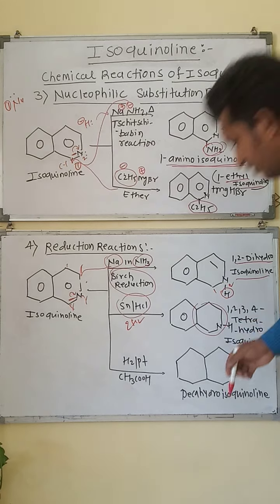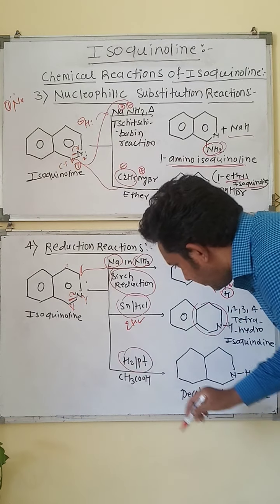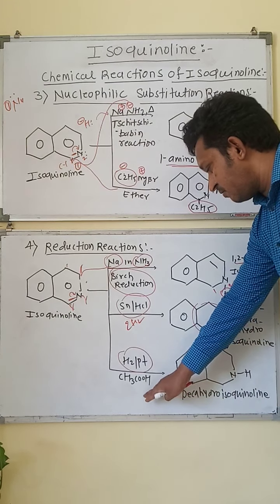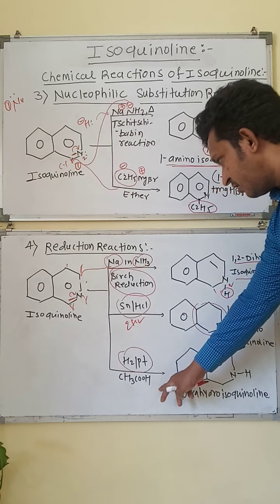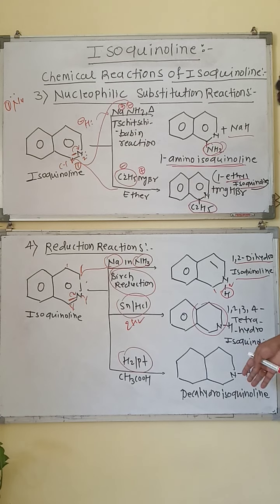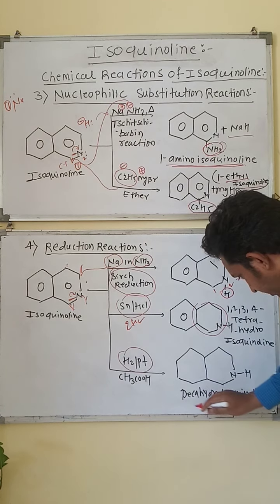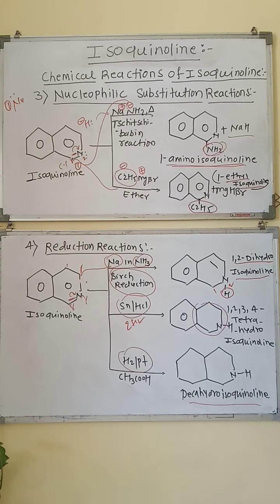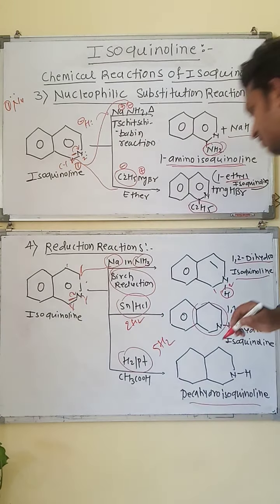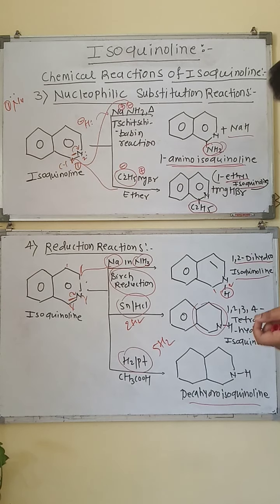Now the third one is in the presence of hydrogen gas and platinum, and there is a presence of acetic acid. So it is converted into a complete saturation of the isoquinoline ring. It is called decahydroisoquinoline, that is complete saturation. For that we are using 10 hydrogens, or 5 hydrogen gas molecules.